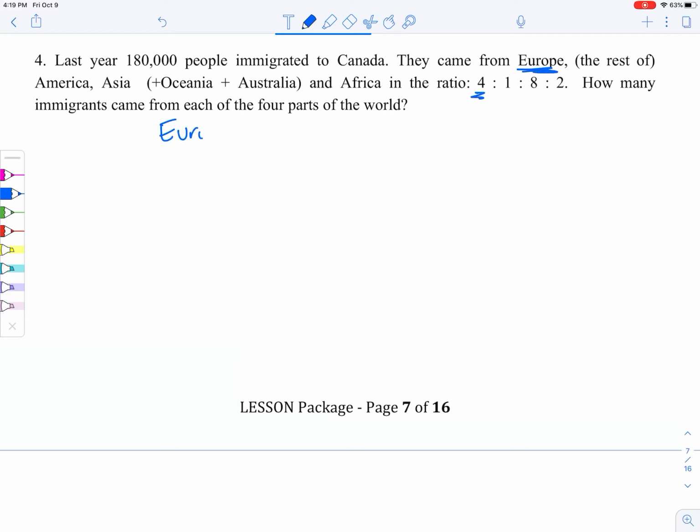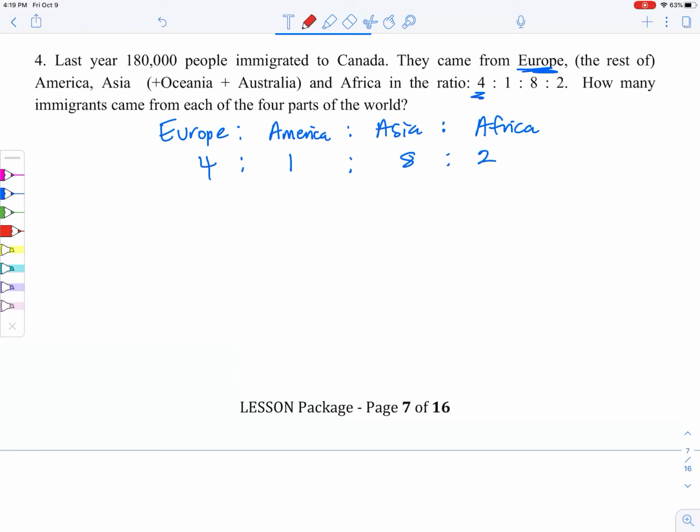So Europe is going to be 4. And then 1 is going to be the rest of America. And then 8 is going to be for Asia plus Oceania, Australia. And then 2 is going to be from Africa.